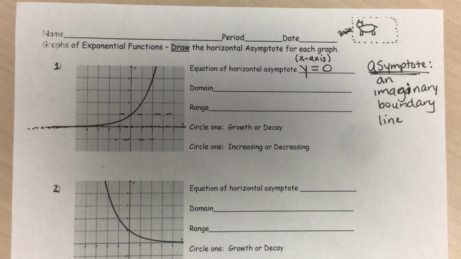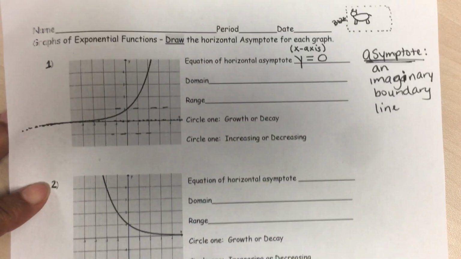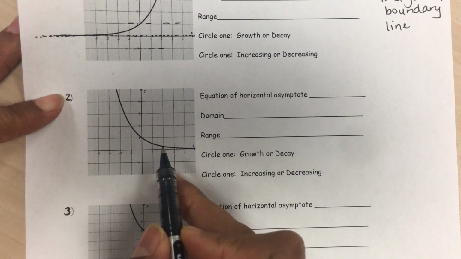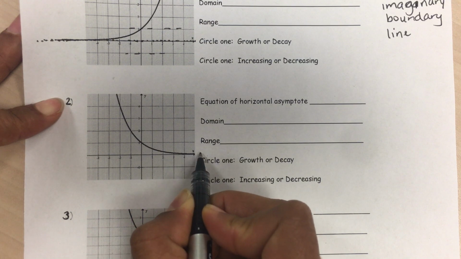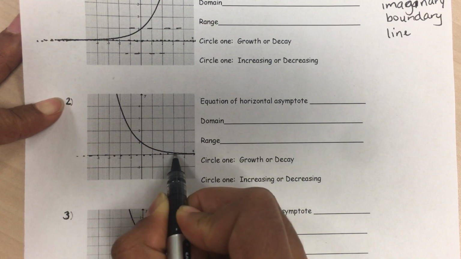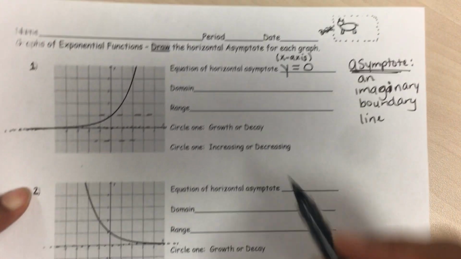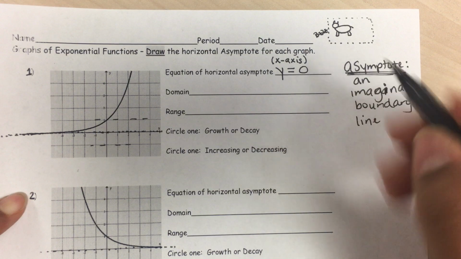All right? Now, we've talked about an asymptote. Let's look at a couple more asymptotes and we'll move on to domain and range. How about this asymptote? Look at problem 2. Where is this graph flattening? It looks like it will also be the x-axis. And what was the equation for the x-axis?